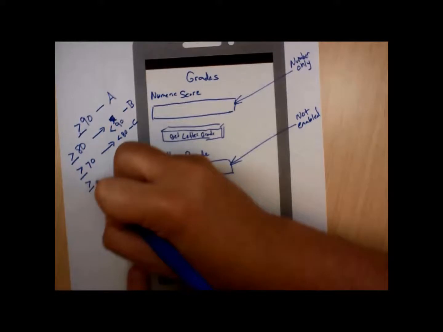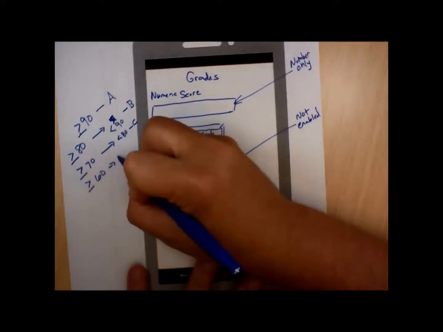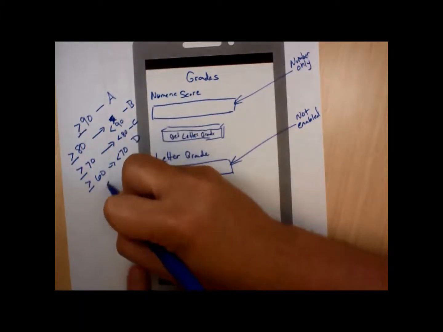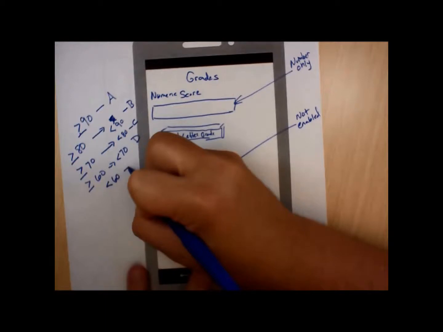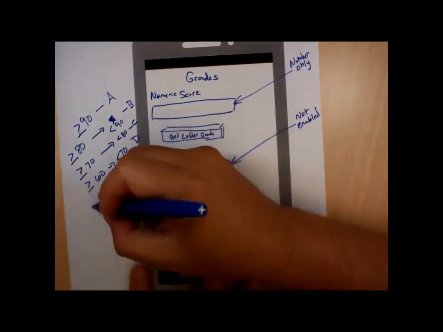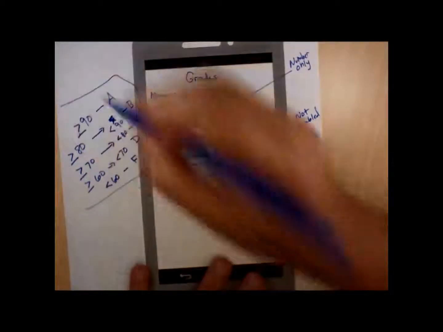Greater than or equal to 60 up to less than 70 is a D, and less than 60 is an F. That's the grading scale I want to use. If you want to use your own scale, that's fine. But that's what I stick to.